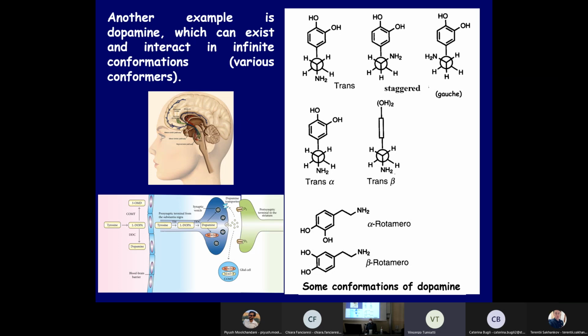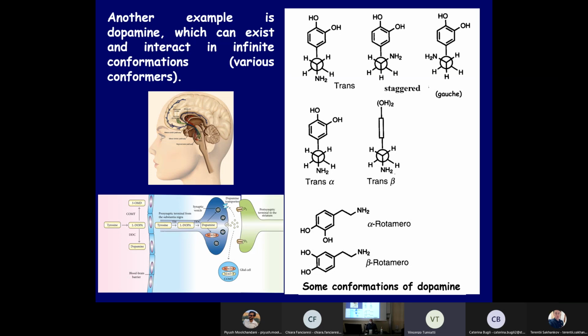So, a therapeutic approach to this disease is to administer dopamine to counteract the lack of dopamine inside the substantia nigra. You see here the chemical structure of dopamine is very similar to that of noradrenaline. You see there is not an OH group in this position. The problem of dopamine is that dopamine is an amine.